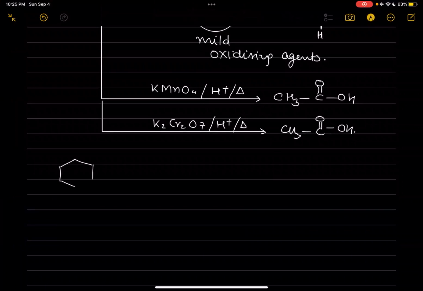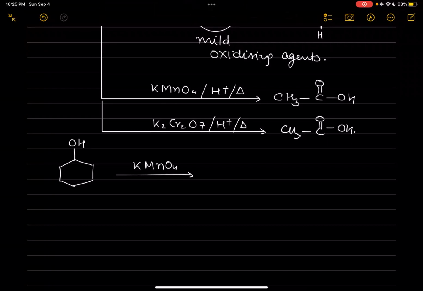Suppose this is a secondary alcohol, and if you oxidize it, for secondary alcohol you can take either weak or strong oxidizing agent. You will get ketone only. But for primary alcohol, you need to be very careful.